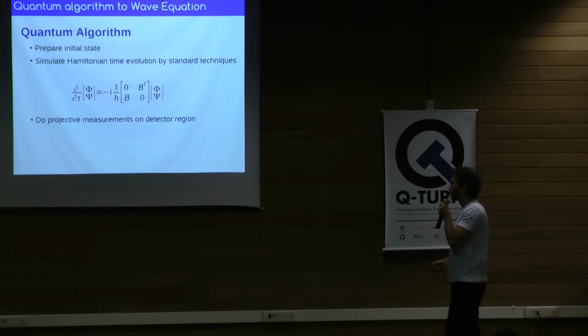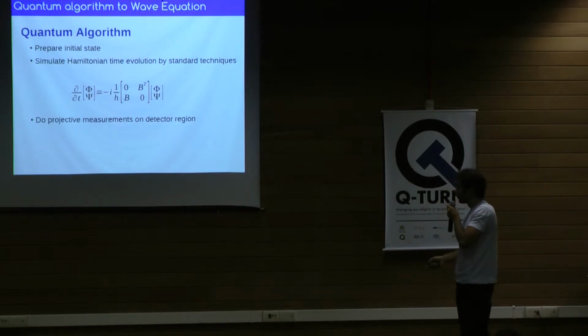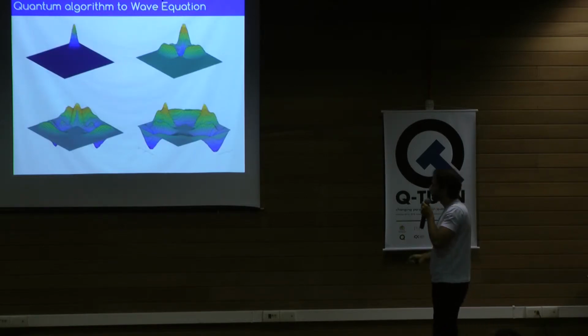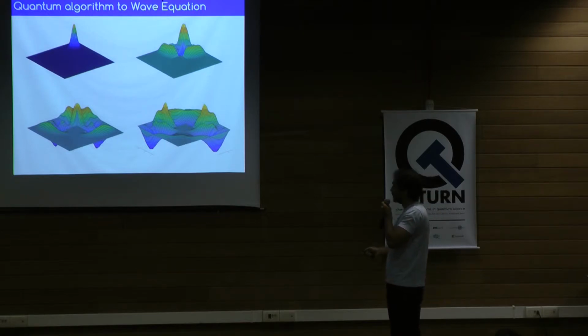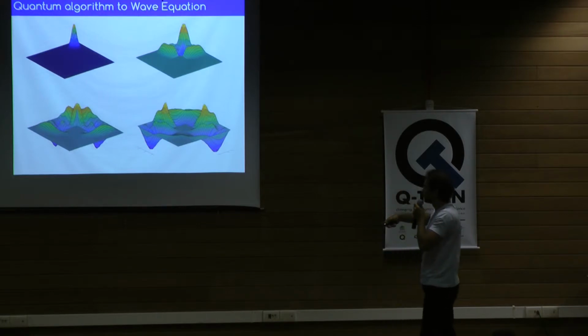Then in the end, you have to do some projective measurements in your detector region. That's just an illustration of some simulations, a wave packet that I initialize here. Then I put, for instance, a hole, but this geometry is really poor. It's a square following the Neumann boundary condition.